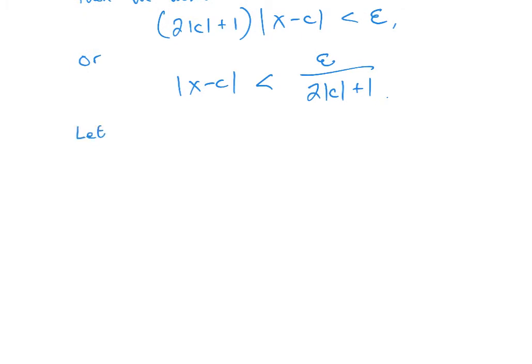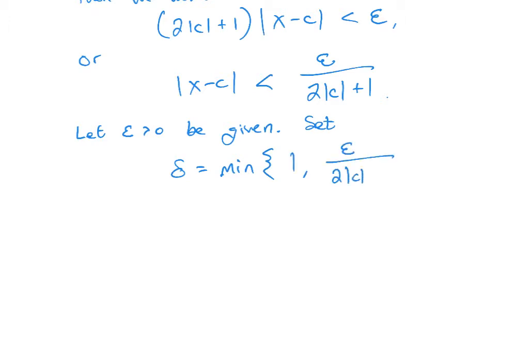Let epsilon greater than 0 be given. Okay, we're doing the proof now. Let's write that line down. Set delta equal to the minimum of 1 and epsilon over 2 absolute value c plus 1.